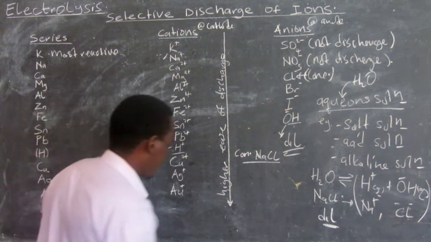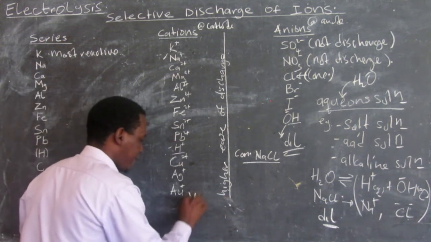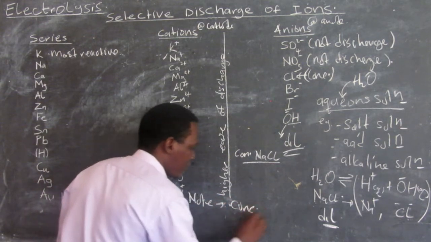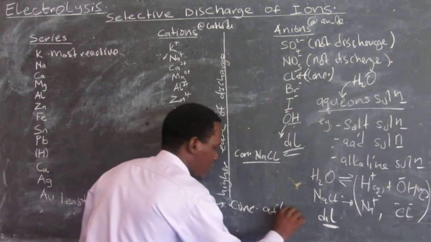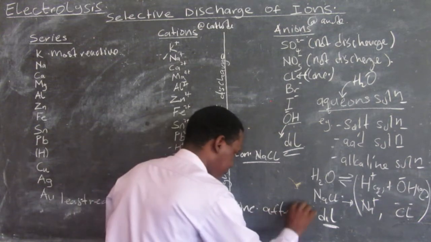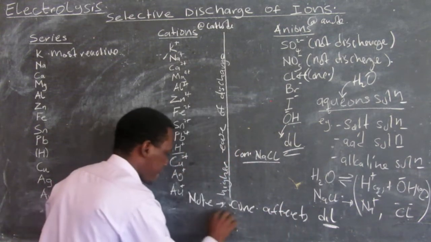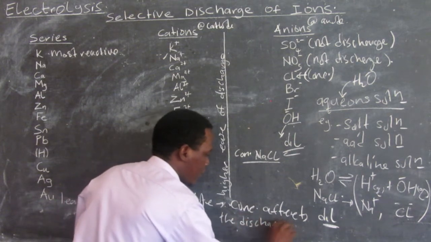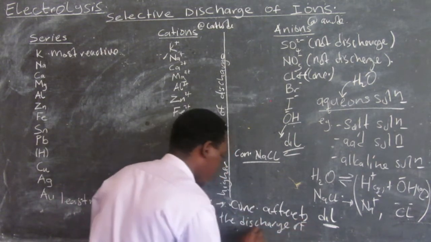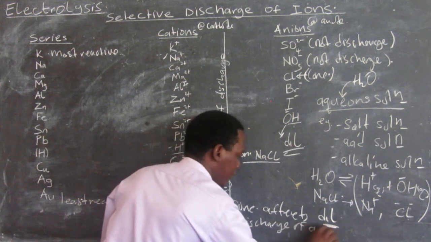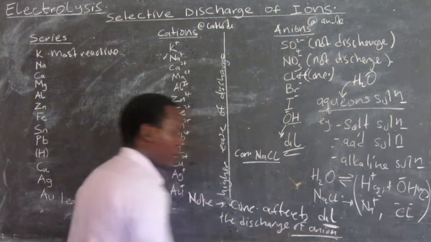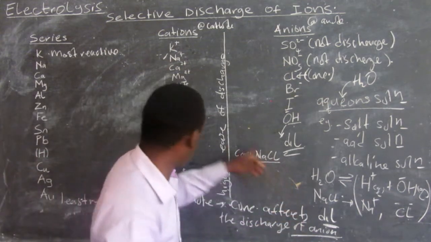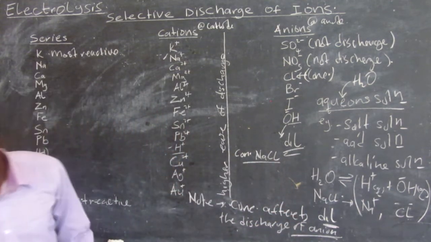You can put a note there and say: concentration affects the discharge of an ion. Concentration will affect the discharge of anions, but does not affect the discharge of the cations.